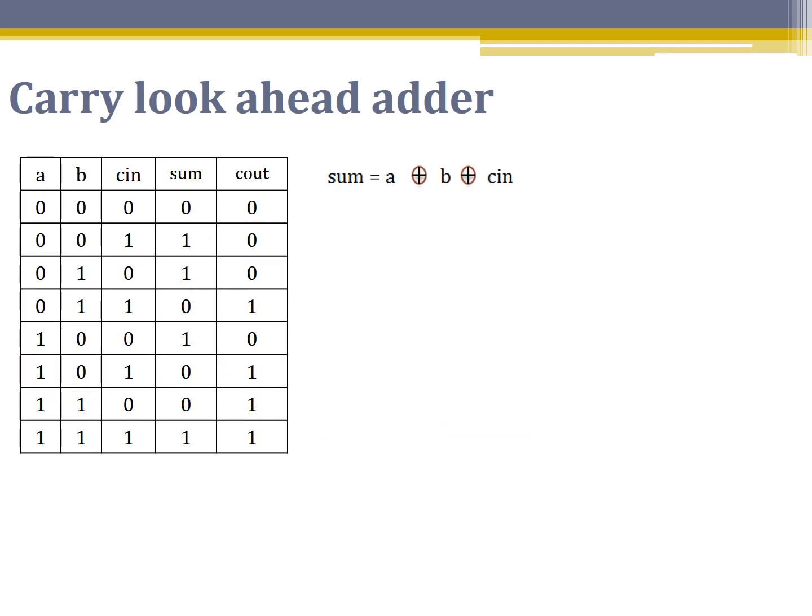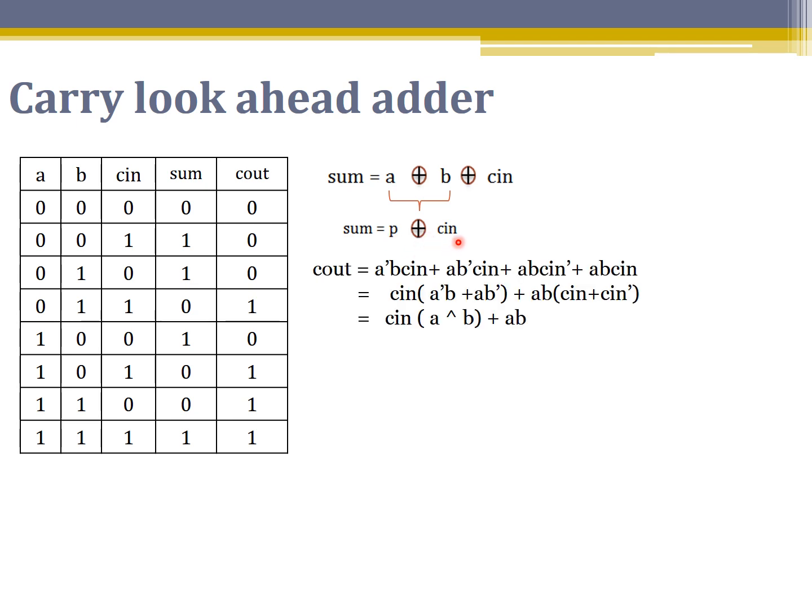Now, we all know that the sum expression is A XOR B XOR Cin. Now we can replace this A XOR B as P, propagate, which we just saw in the previous slide, and we can write sum in terms of propagate XOR Cin. Similarly, we know that cout, by writing the SOP, we have A bar B Cin, we have 4 1s, so we have 4 SOP min terms here.